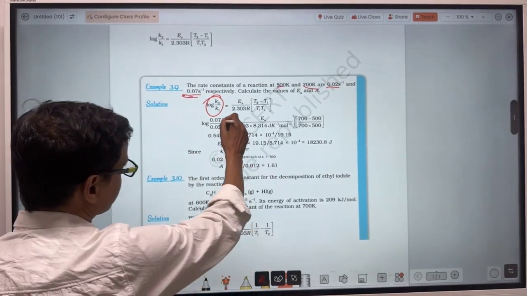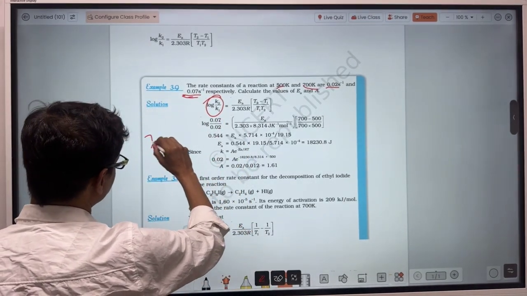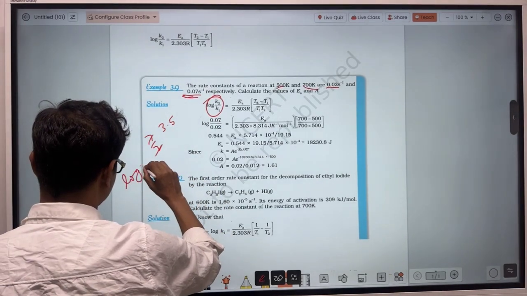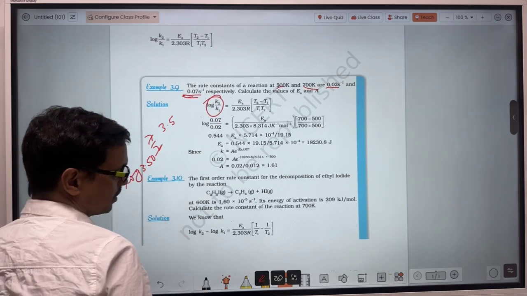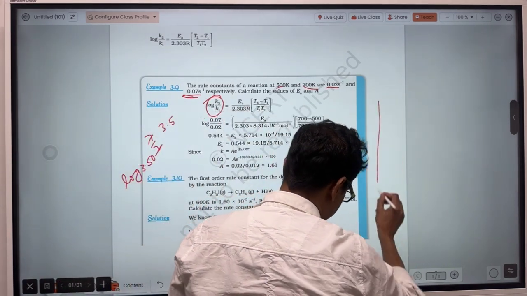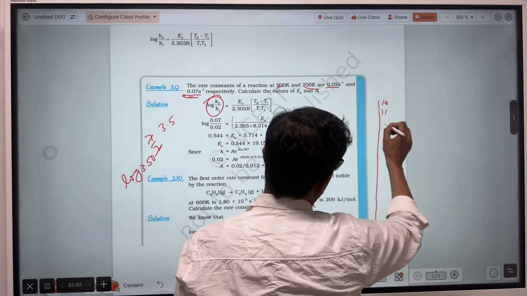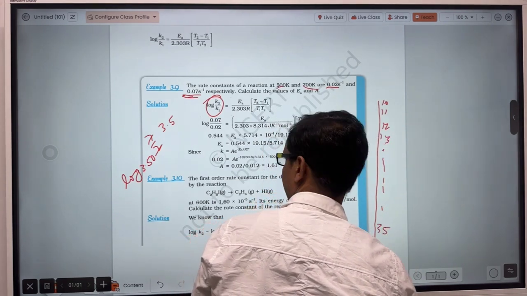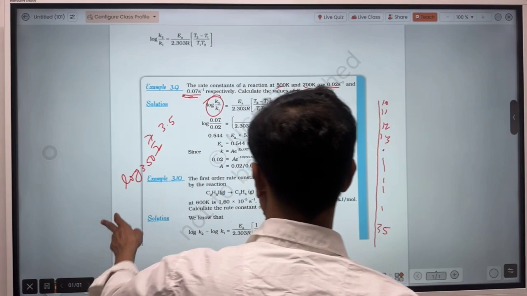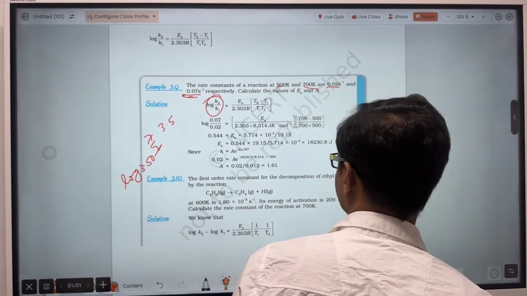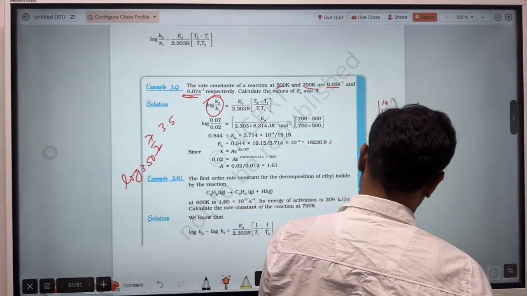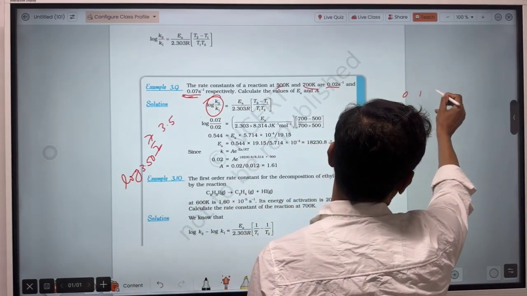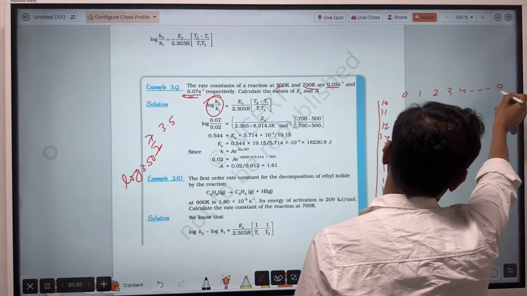So 0.5, this one calculate. 7 upon 2 will be 3.5. You will have to watch out in the log table. You can write 3.50. In the log table, from this side there will be 10, 11, 12, 13, until you come to 35. And for 3.50 there will be 0, 1, 2, 3, 4 until 9 here.